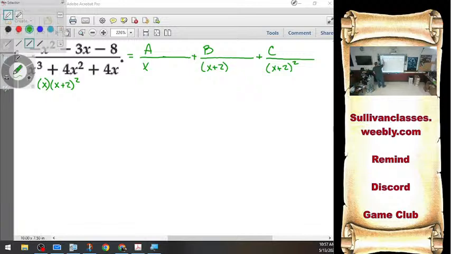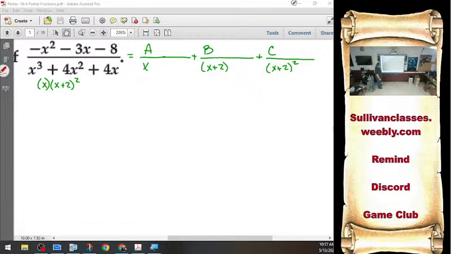Then, what does the first term need? For all of my denominators to look like this. Okay? Careful. What's the middle term need?